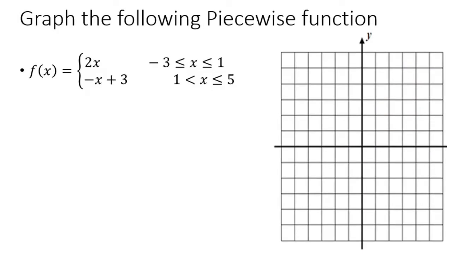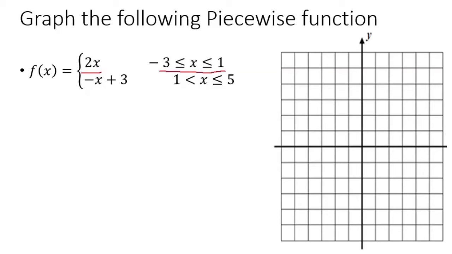We have another piecewise function here. We have f of x equals 2x and -x plus 3. We have two pieces in this function. The first piece belongs to a specific domain, and this domain is for every x greater than or equal to -3 and less than or equal to 1.